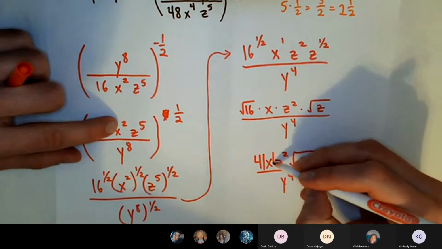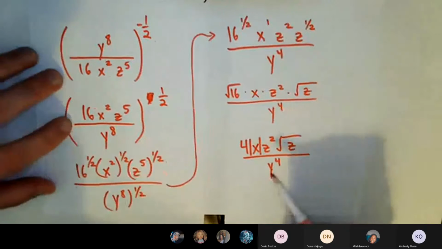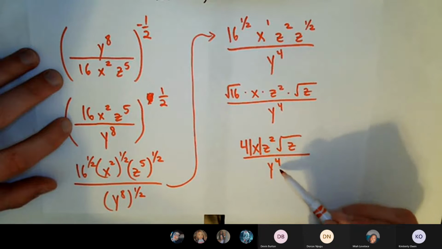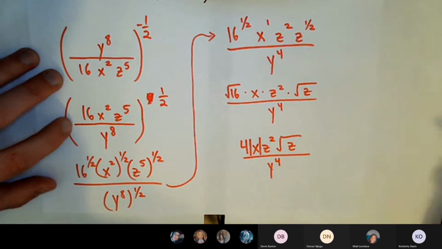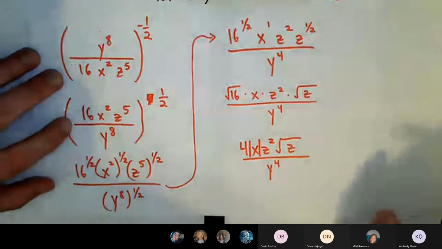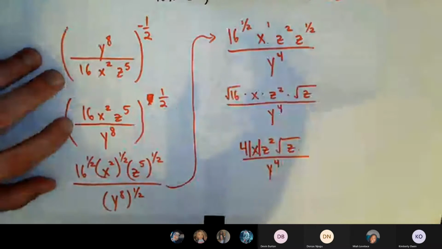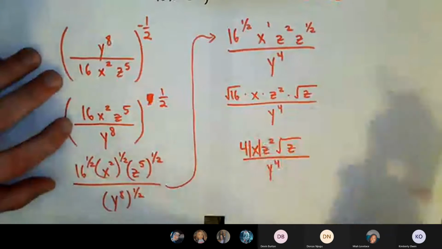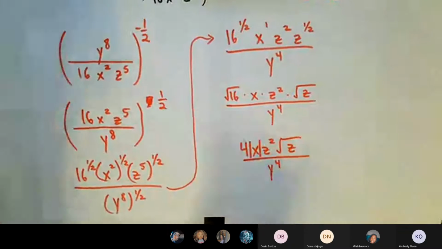So we do need to wrap that x in absolute values. We don't need to wrap the z squared or the y to the 4th because their exponents are even. Okay, so only when you have a square root or a 4th root, some kind of even root, and you pull a variable out, if its exponent is odd, then you have to wrap that variable in absolute values.